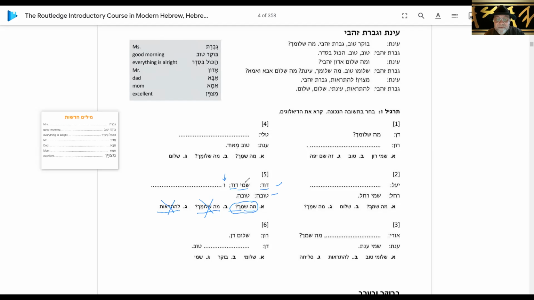So David says, Shemi David, my name is David, and he is saying to Tova, he's asking the question, Ma shemech, what is your name? And Tova then simply says Tova. She doesn't say something like, my name is Tova. She just answers simply Tova.